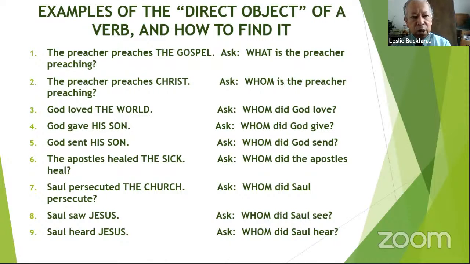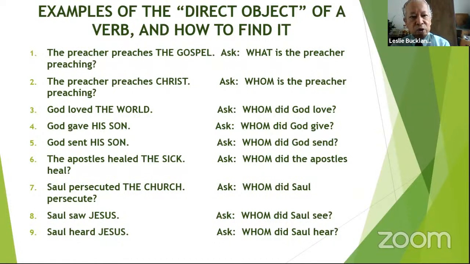You have a different kind of sentence, though, in number 2, because in number 2, you're not dealing with a thing, but you're dealing with a person. The preacher preaches Christ. So you will ask a different question, but similar. Since you're dealing with a person, you will ask the question, whom is the preacher preaching?